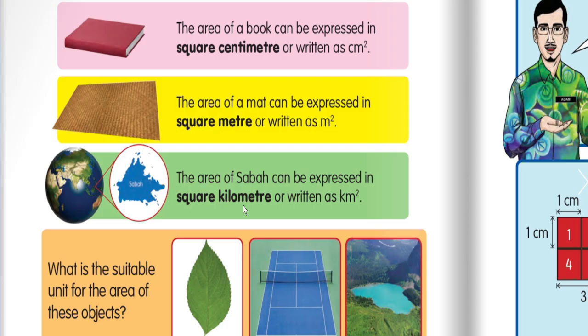But it says unit for the area. Area means the space of the surface, so for that we use a square kilometer. Otherwise, there won't be any difference between length and area. So for area, we put square with centimeter, meter, or kilometer. So this is square centimeter, this is square meter, this is square kilometer.